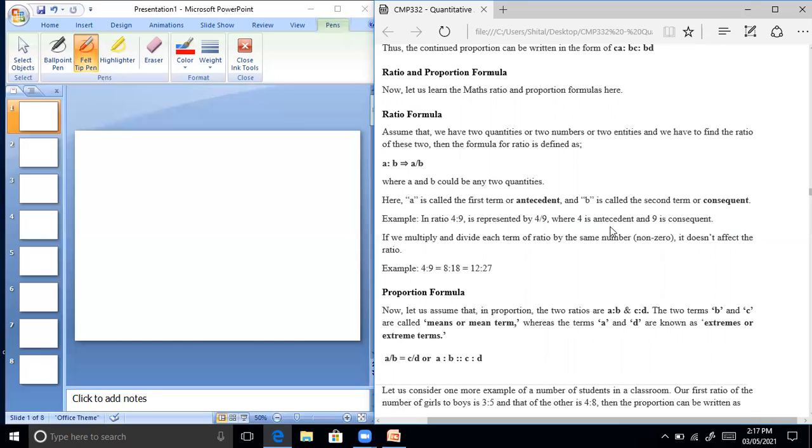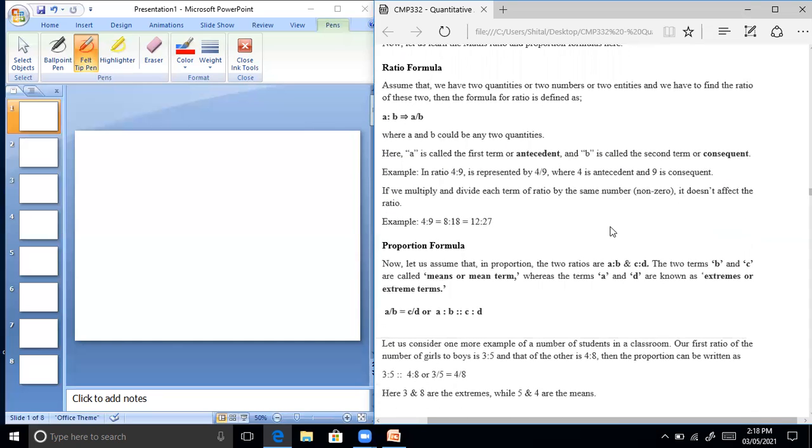Here A is called the first term or antecedent, and B is called the second term or consequent. For example, the ratio 4 by 9 is represented as 4 by 9, where 4 is the antecedent and 9 is the consequent.